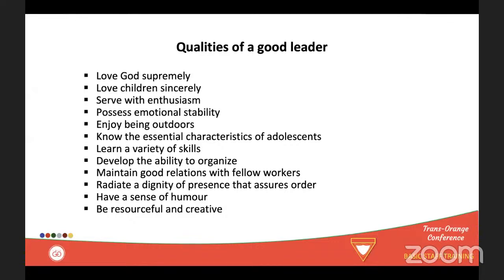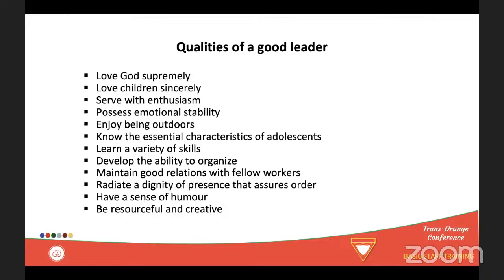You may ask everyone to get inside church, but after some time, just turn and look around. You find all the kids are outside, slowly going out, and they are now playing around outside. So even as a leader, you must enjoy being outdoors because the age group that you are dealing with enjoys outdoors.